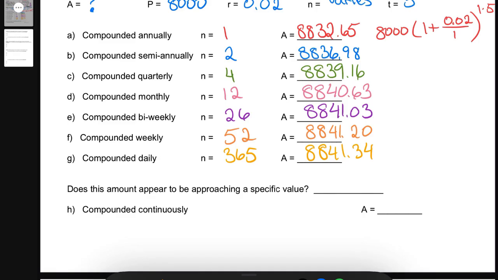If we notice, each time we are getting more and more money, but the amount we increase by gets less and less. So the values are getting closer together, but they're still getting bigger.